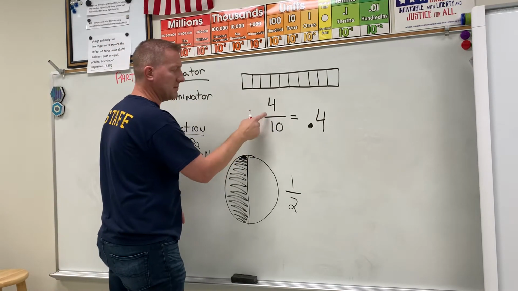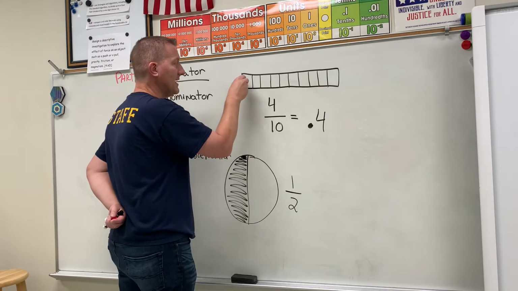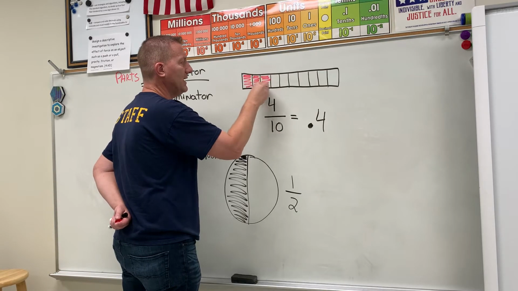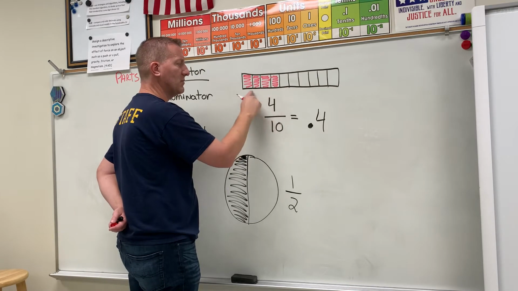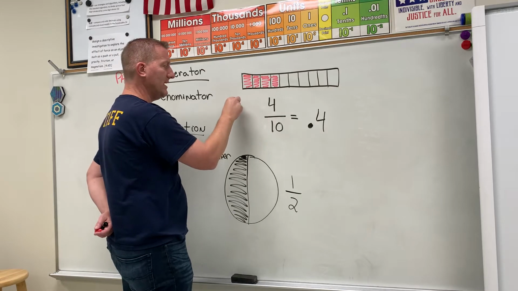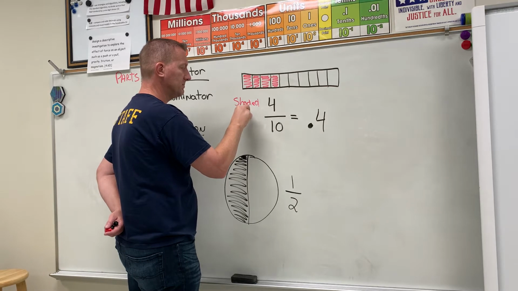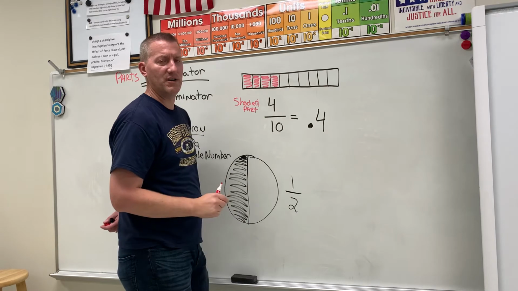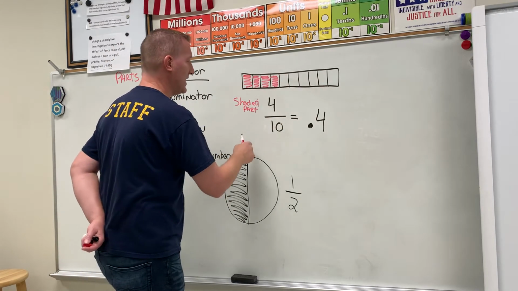For this example, if I had the fraction 4/10, it would be 1, 2, 3, 4 parts are shaded. 4 is my numerator. The numerator is usually the shaded part. Whenever you're looking at a fraction or a picture, that's the shaded part.